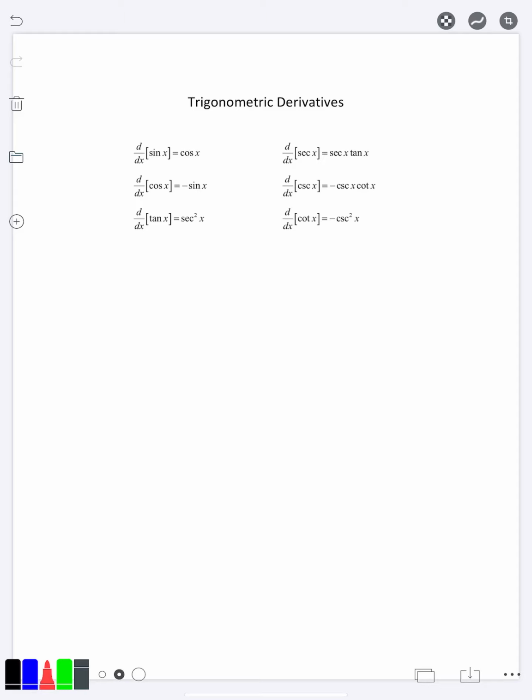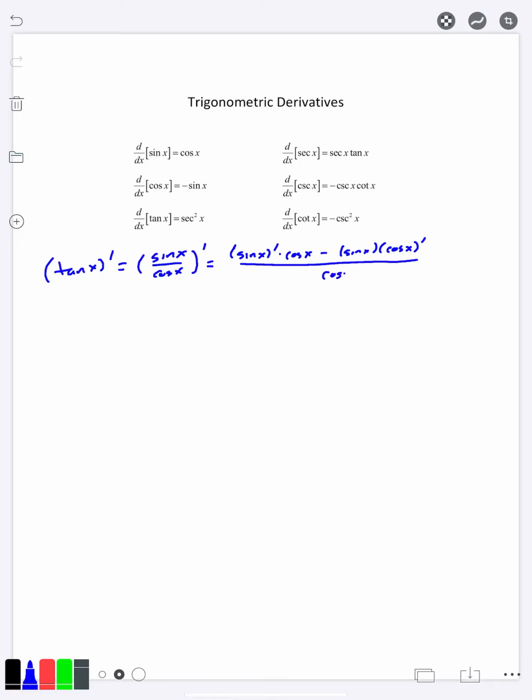The way I'm going to do that is I'm going to say, okay, I want to take the derivative of tangent x. Well, you should know from trig class that tangent is the same as sine x over cosine x. So I'm dividing these two trig functions. Then I would use the quotient rule, which says the derivative of the top times the bottom minus the top times the derivative of the bottom, all over the bottom squared.